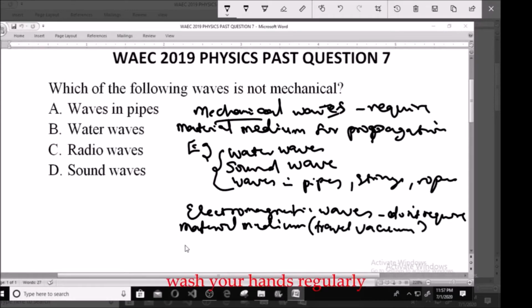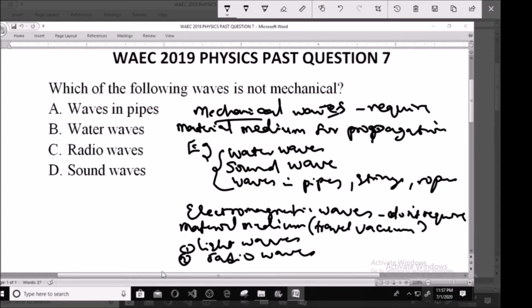So what are examples of these waves? We'll talk about things like light waves. We'll talk about waves like radio waves. We'll talk about waves like X-rays. So you can see these ones, they travel through vacuum.